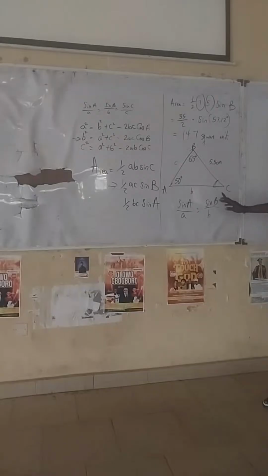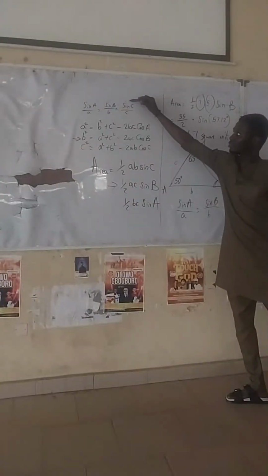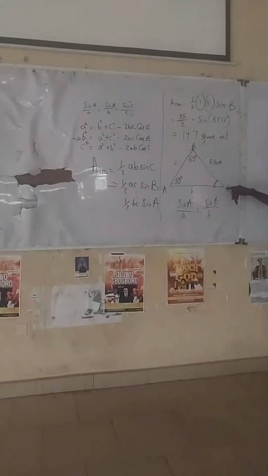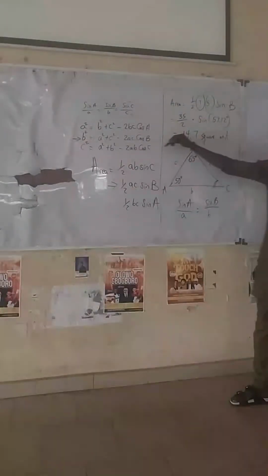You can use this one to get your small b. But now, how do you get C and c? You use the cosine rule, right? Because you don't have this one and you don't have this one. So to get your C and c, you use this cosine rule, this one here.